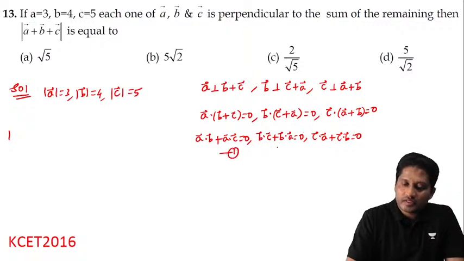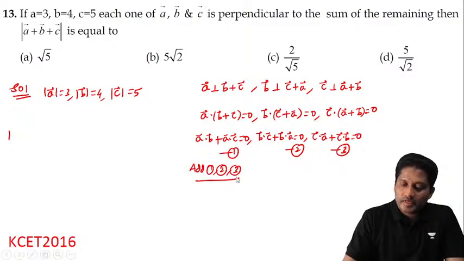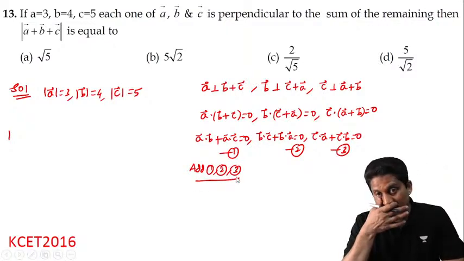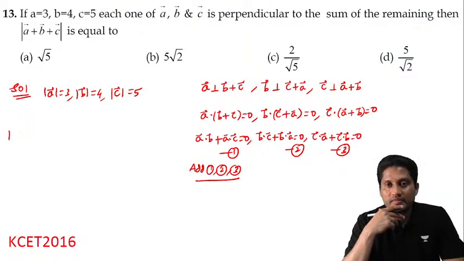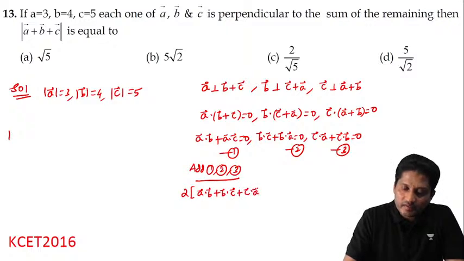Call these equations 1, 2 and 3. If you add equations 1, 2 and 3, A dot B and B dot A are the same, A dot C and C dot A are the same, B dot C and C dot B are the same. So 2 times A dot B plus B dot C plus C dot A is equal to 0.